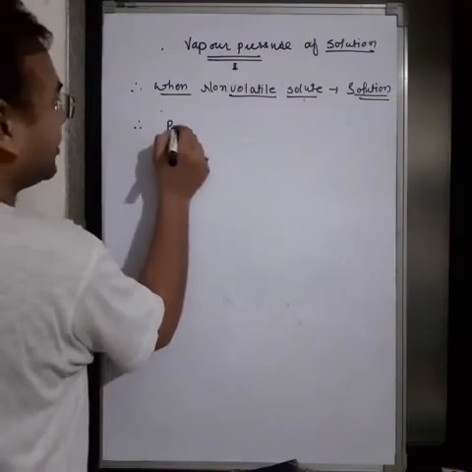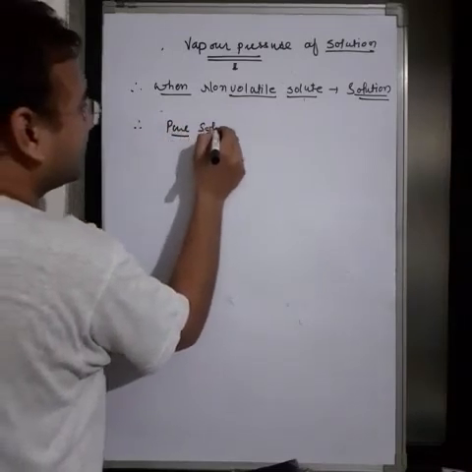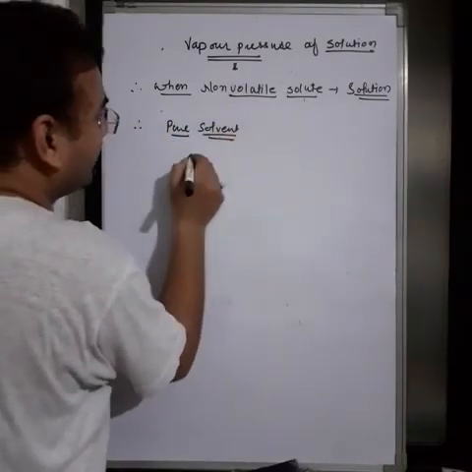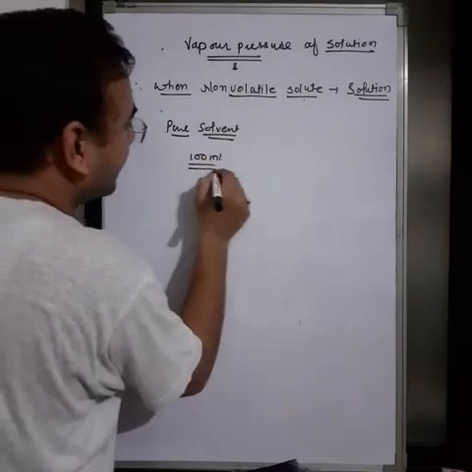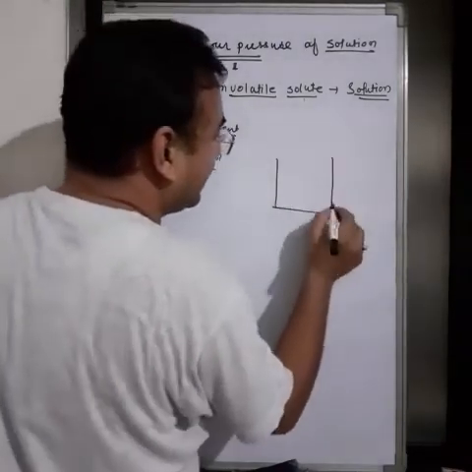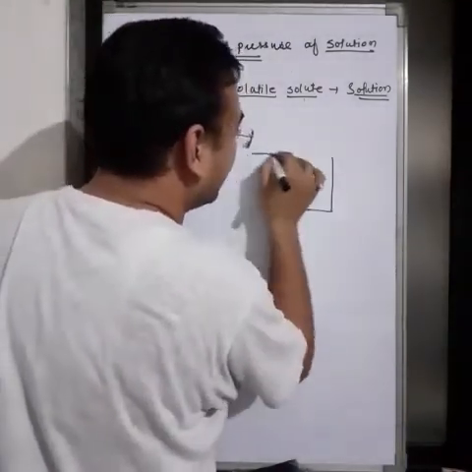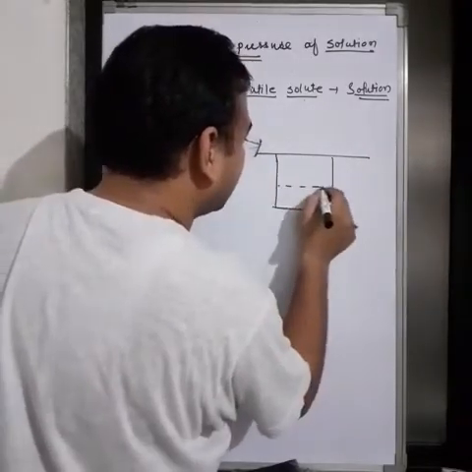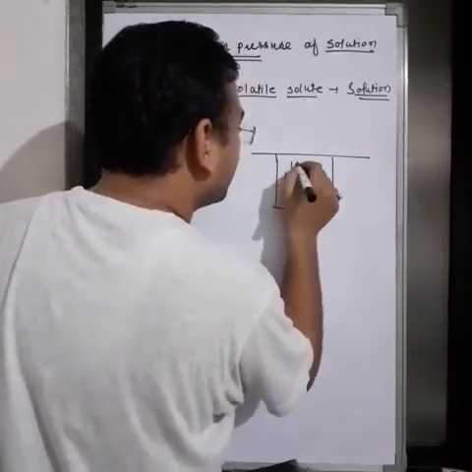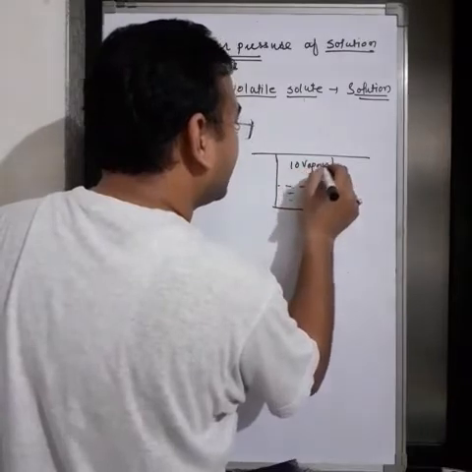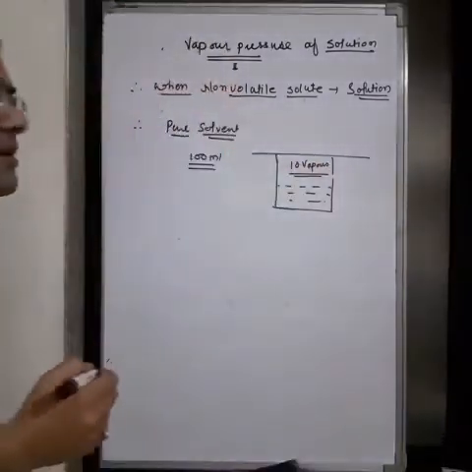Again, consider pure solvent. We are going to take 100 ml. For example, here 100 ml pure solvent like this gives me 10 vapors, correct? As we already saw earlier.